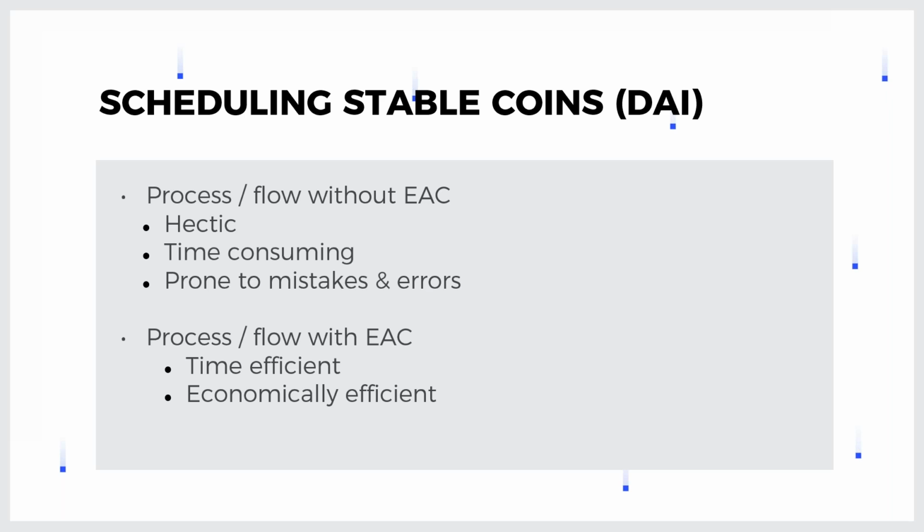So, an easy way to describe it is without the EAC, such scheduling is hectic, time consuming, and prone to mistakes, because I'm pretty sure that anyone who has been dealing with crypto for a while will have definitely faced one of our best enemies. I'll call it best, not greatest, which is the fat finger error, where you're about to type the address or copy and paste the address, and while doing that, you mistakenly hit your space bar or one thing or the other.